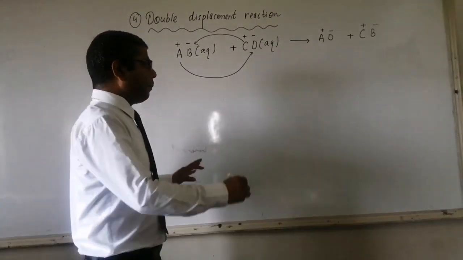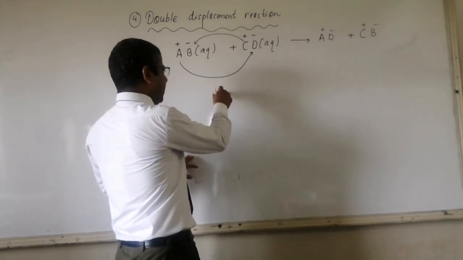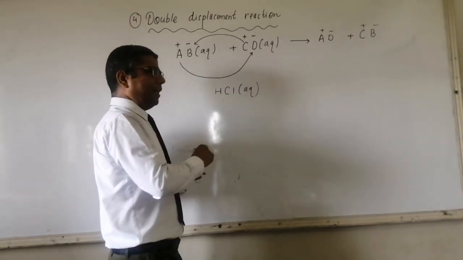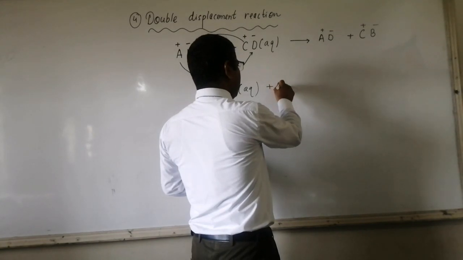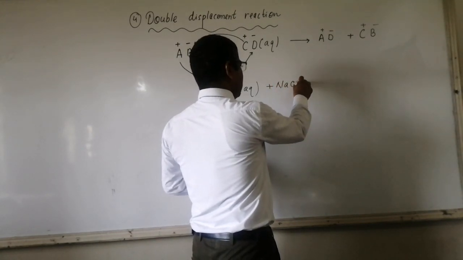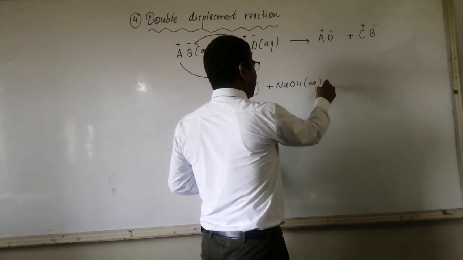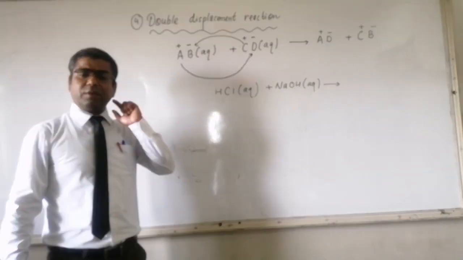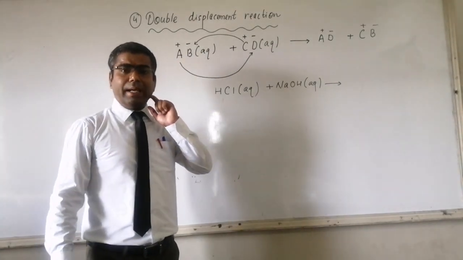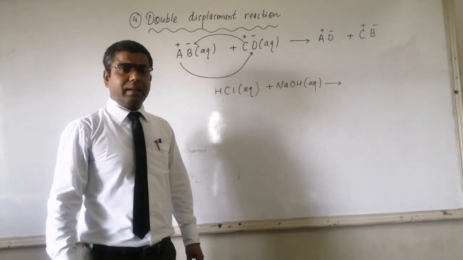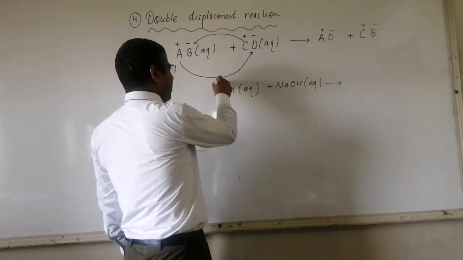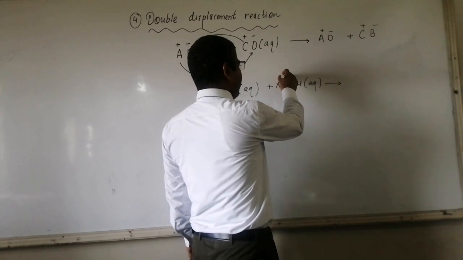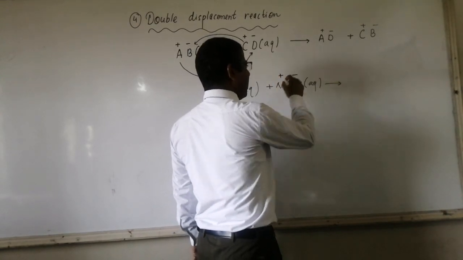Let us take one example. HCl, your hydrochloric acid, is made to react with sodium hydroxide, a basic compound. Acids form H+ ion while bases form OH- ion. So here H will be your positive ion, Cl will be your negative ion, Na will be your positive ion and OH will be your negative ion.